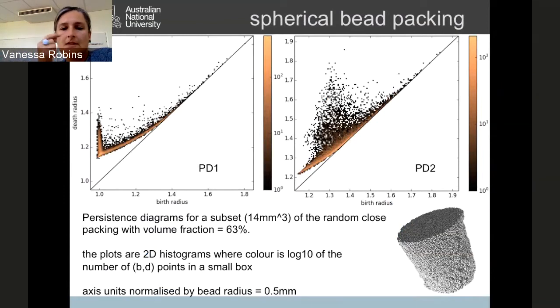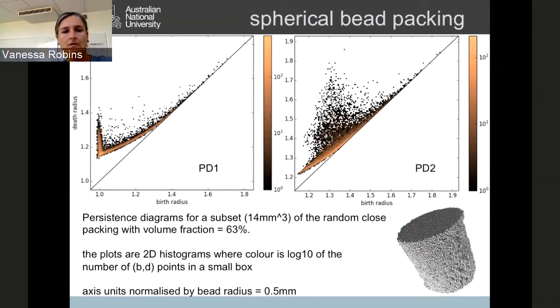So now I've just taken a smaller subset of random close packing. We've just taken out a cube of 14 millimeters cubed. So that's 14 bead diameters, and this subset happens to have a volume fraction about 63%.